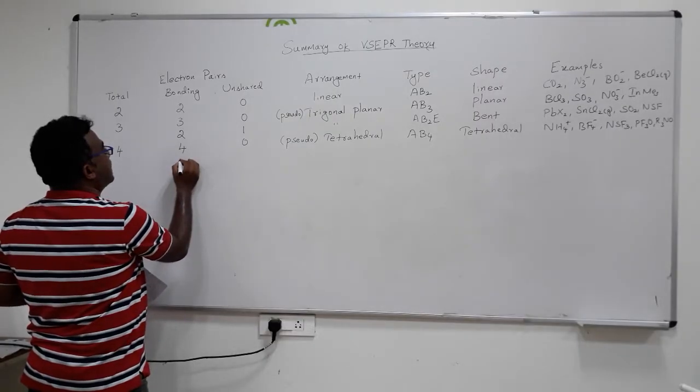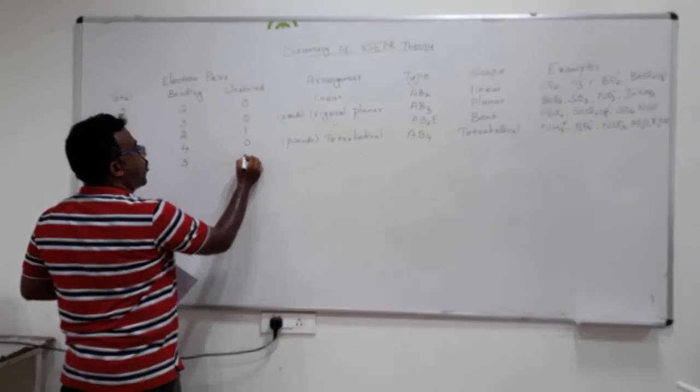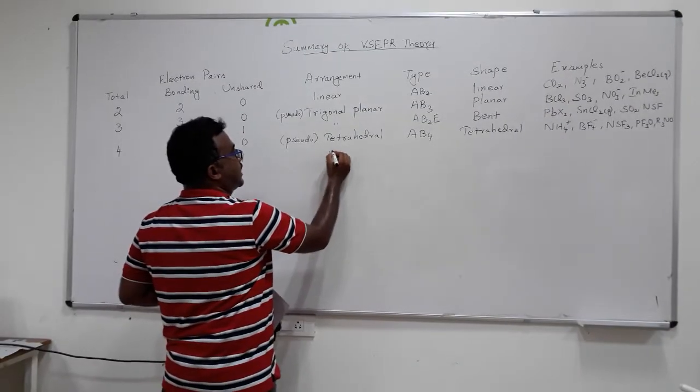Then, if again you have 4 total electron pairs, 3 bonding electron pairs and 1 unshared electron pair, again it is pseudo tetrahedral.